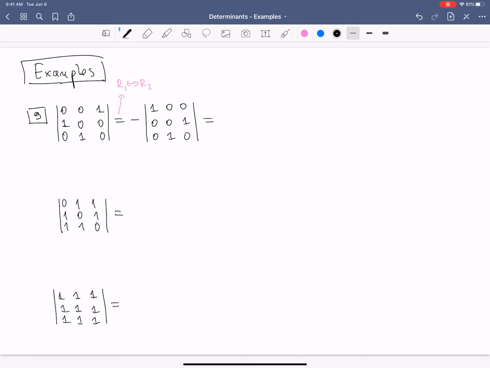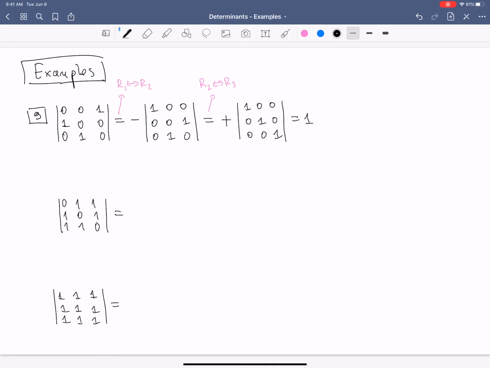Because I'm going to carry out another row exchange, which is now row 2 into row 3 and row 3 into row 2, this minus now becomes a plus because I'm changing the sign one more time. And the matrix that I get is just the identity matrix, and I know that the determinant of the identity matrix is simply 1. So the determinant of this permutation matrix is also 1.